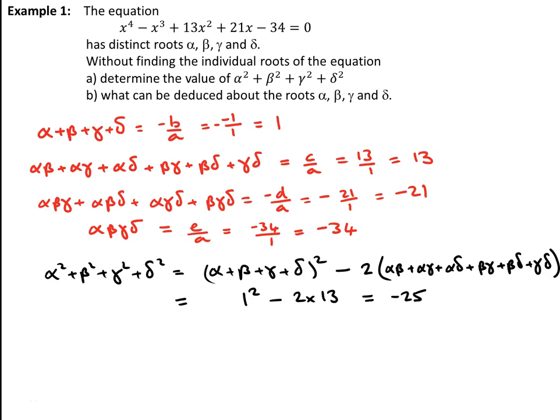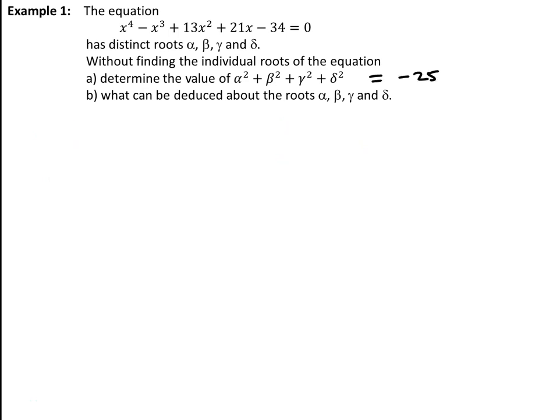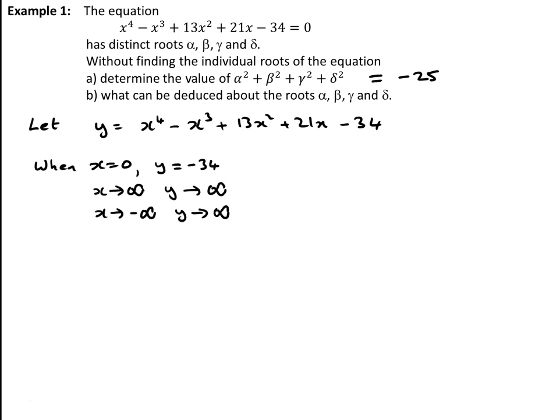So now we've got to think about what can be deduced about the roots alpha, beta, gamma and delta. So, let's at the moment think about the graph of y equals x to the 4 minus x cubed plus 13x squared plus 21x minus 34. We know that when x equals 0, y must equal minus 34.